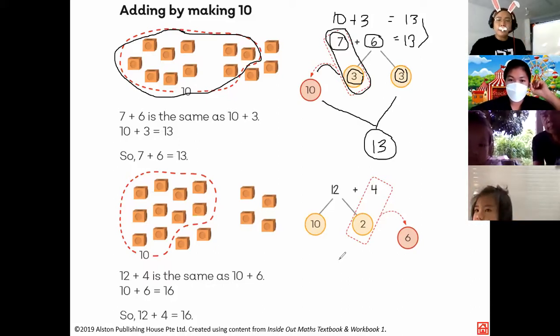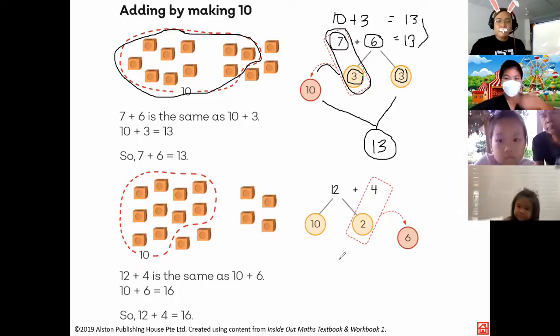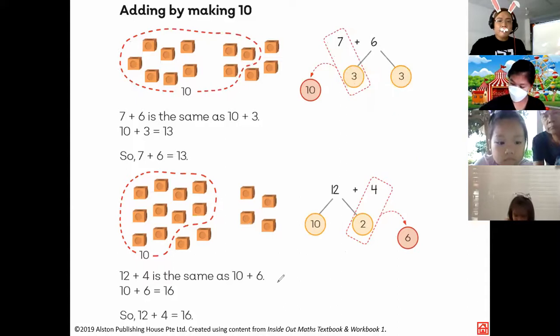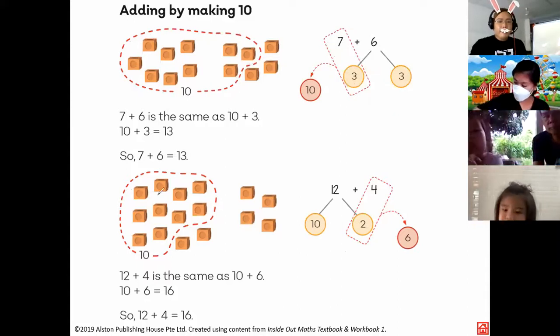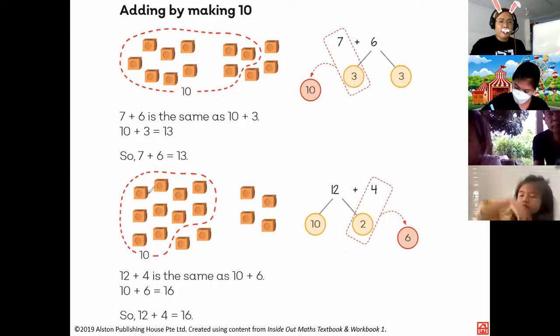Okay. All right, now let's proceed to the next example, class. We have, okay, how many cubes? Let's try to count: 1, 2, 3, 4, 5, 6, 7, 8, 9, and 10.